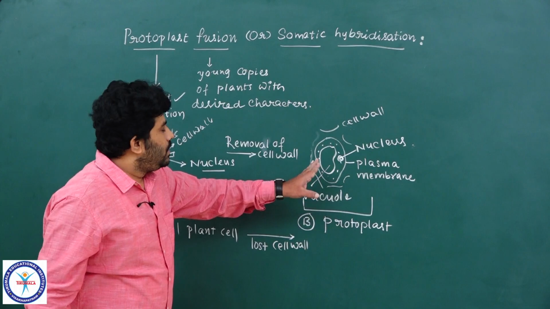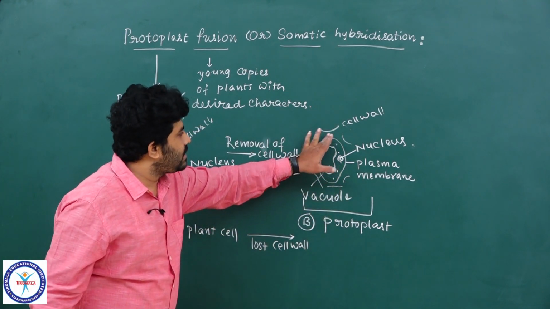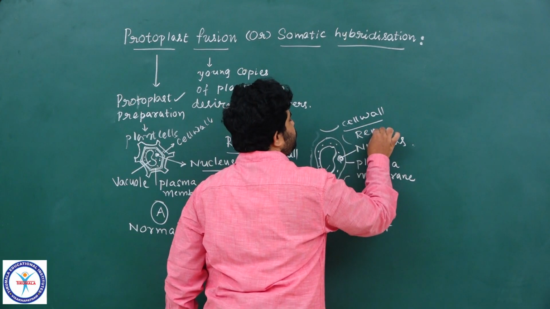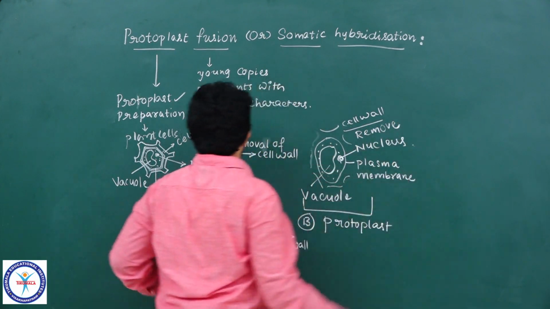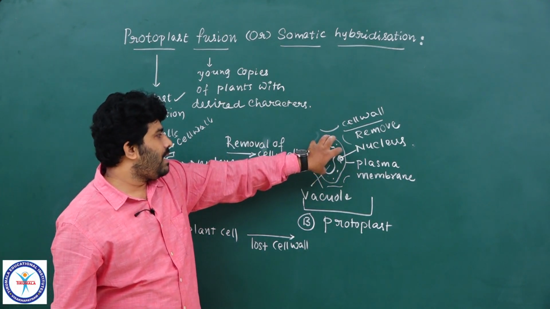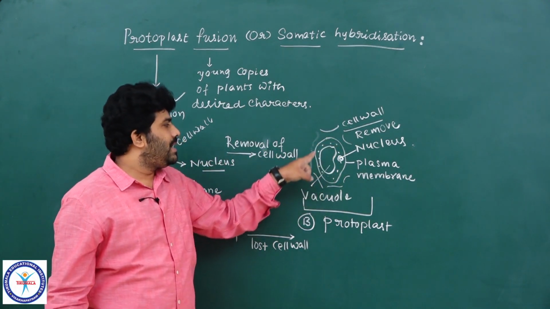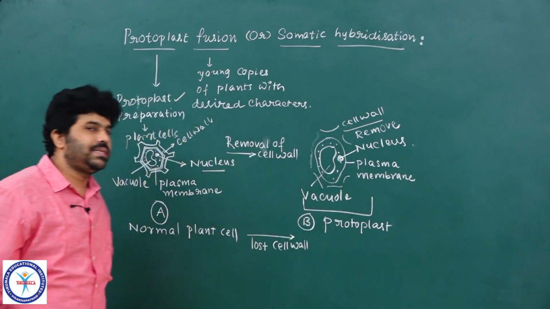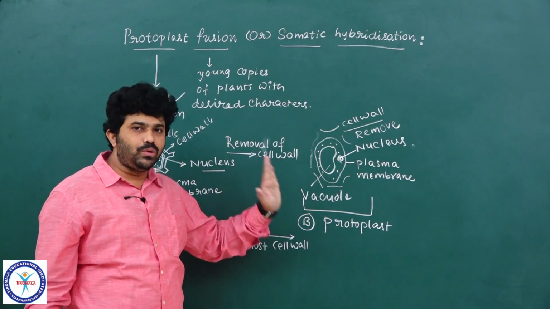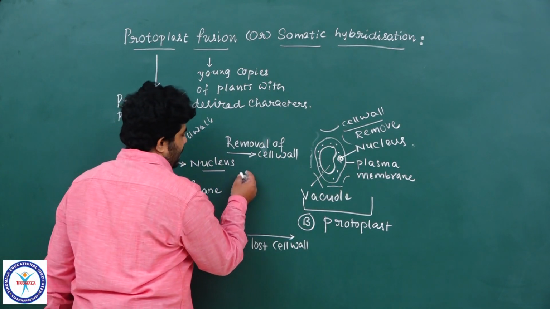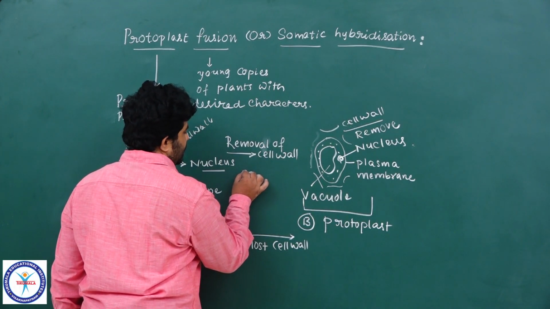After the cell wall separation, the inner membrane along with the cytoplasmic constituents is called the protoplast. This is the process we have to do. To do this job, we require some enzymes. You please note down, students.